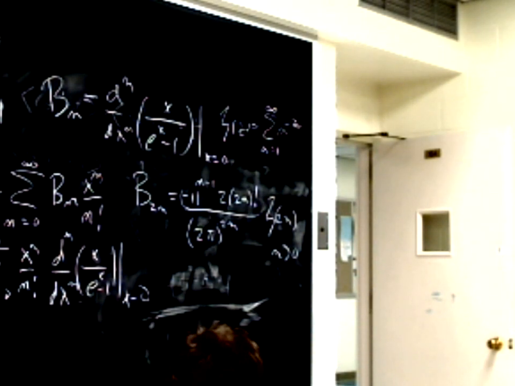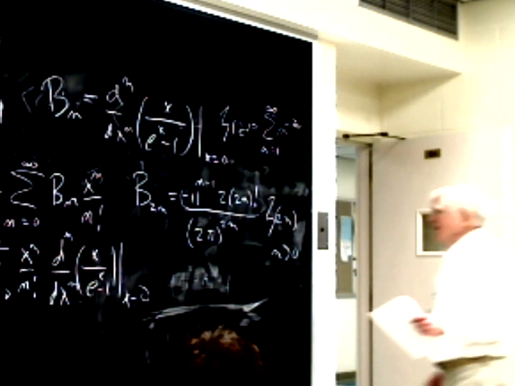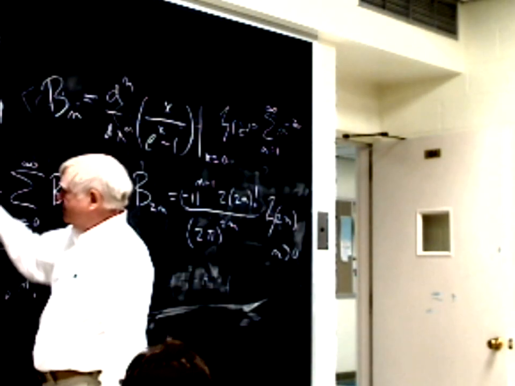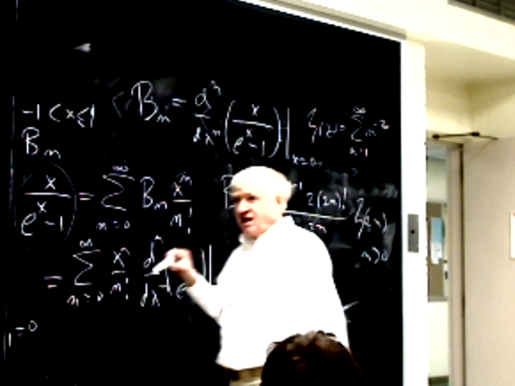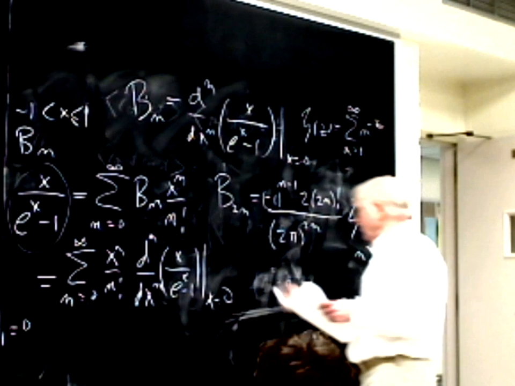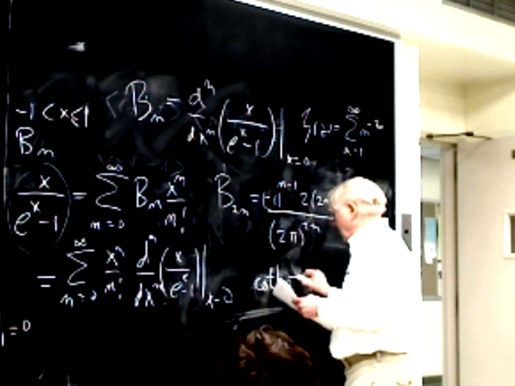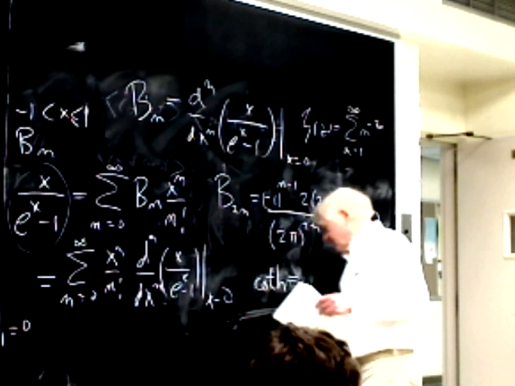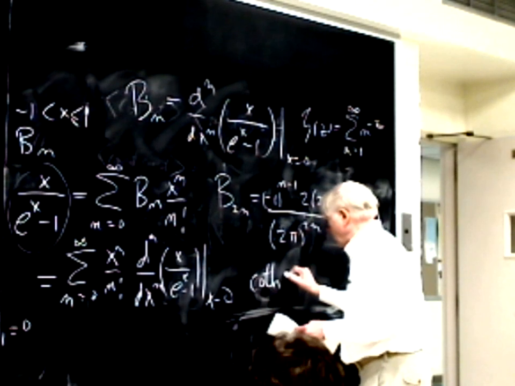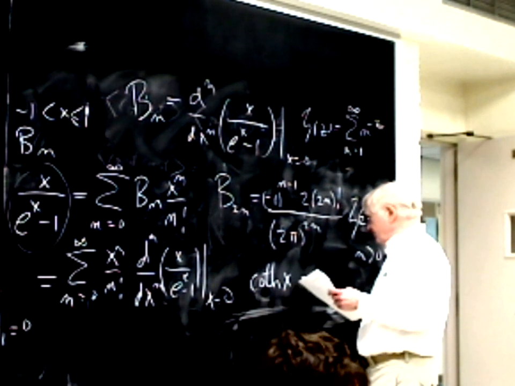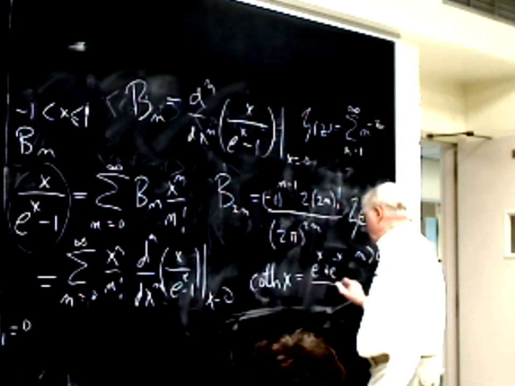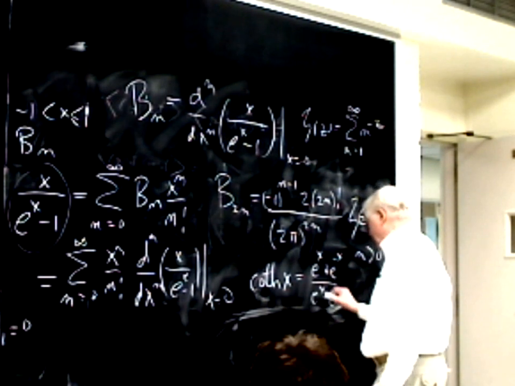Now there are things called Bernoulli functions. So first, where do these come up? These Bernoulli numbers, because they're defined by a generating function that involves an exponential, are involved in power series expansions for transcendental functions. In particular, for example, the hyperbolic cotangent of x, which is e to the x plus e to the minus x over e to the x minus e to the minus x.